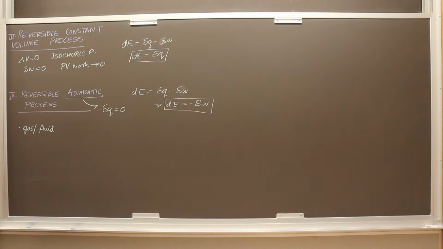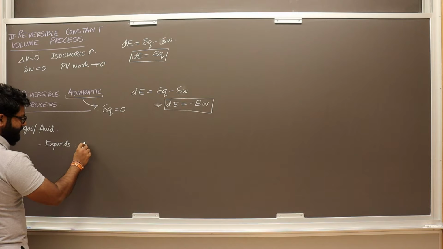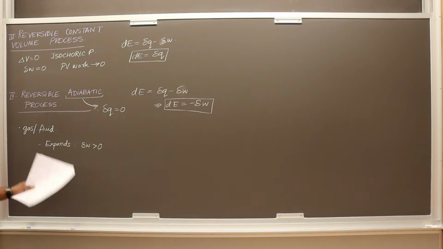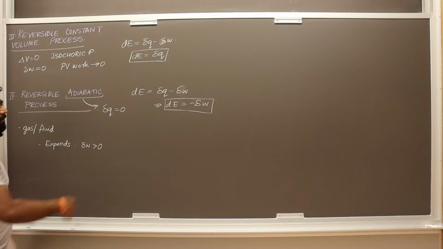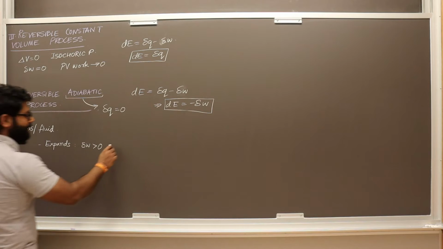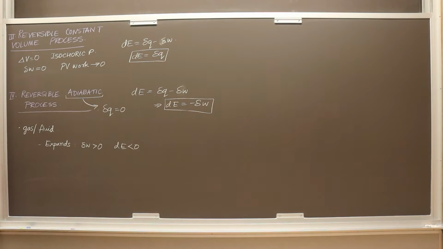Now, if this fluid or gas expands, expansion means del W is positive, right? So when del W is positive, what do you think dE will become? Now dE will become negative, okay?